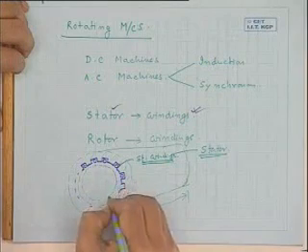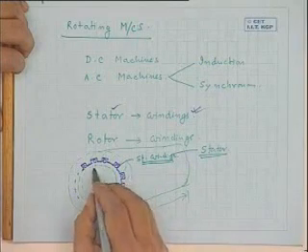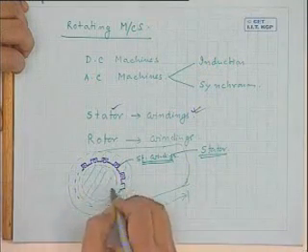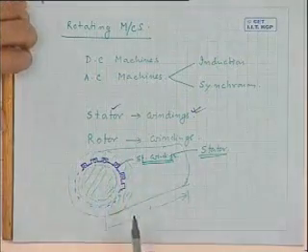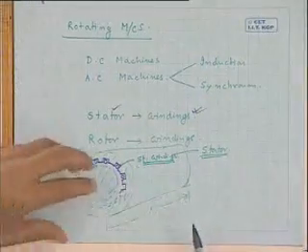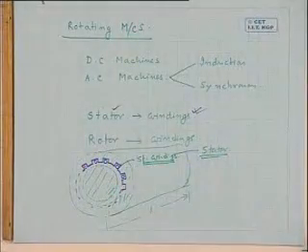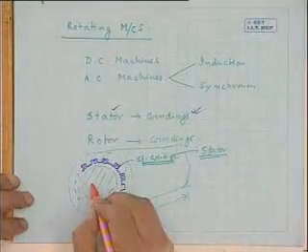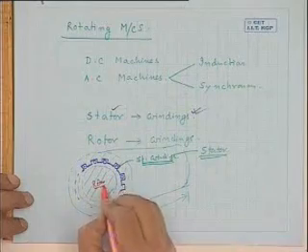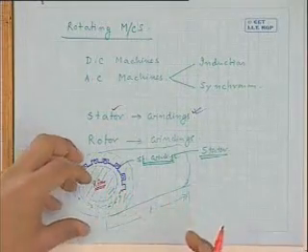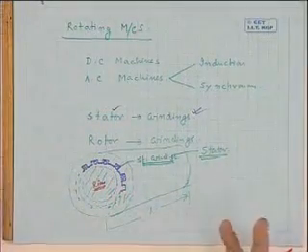Now inside this there will be another iron cylinder, which is of course not hollow, and it is inserted inside this one. This part is the rotor.